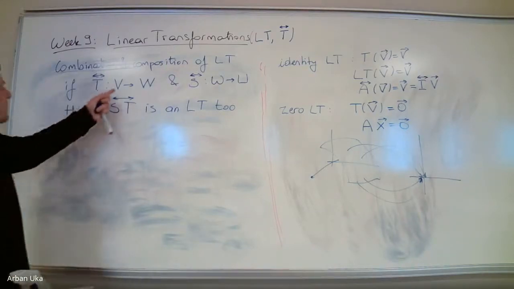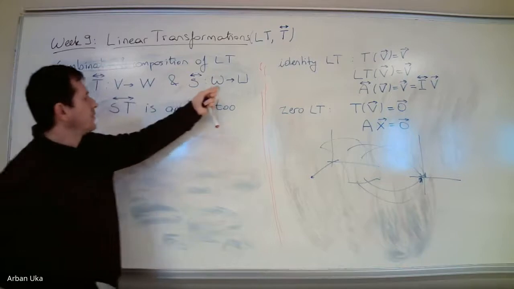Now you can think about this: V can be R cubed, W can be R4, and U can be R6.